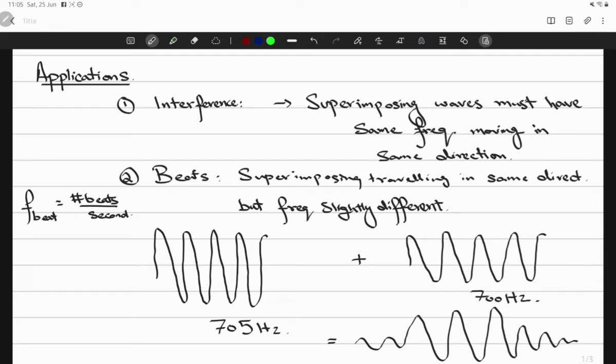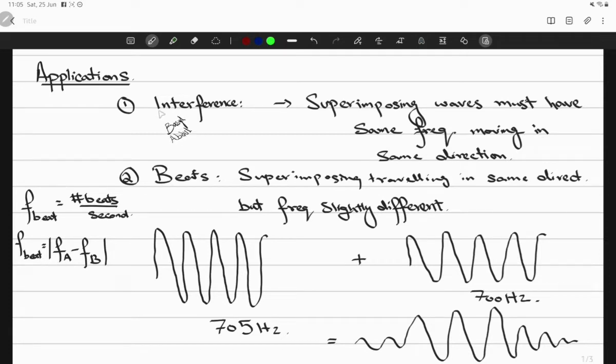You can then write an expression for the frequency of beats in terms of the frequency of the two waves which produced the beat as the modulus of the frequency of the first wave minus the frequency of the second wave. So the mod ensures that the beat frequency is always positive.